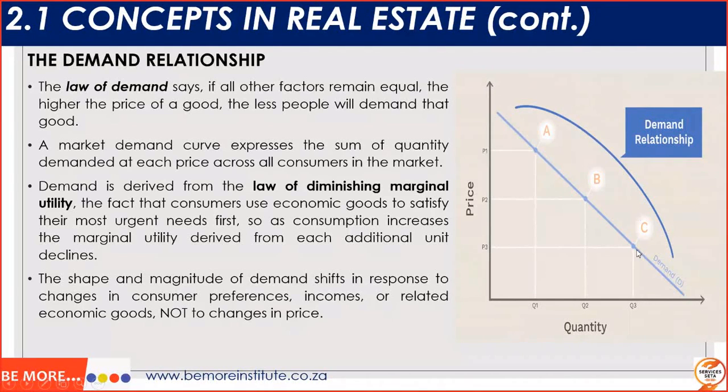The reason is that demand is derived from the law of diminishing marginal utility, the fact that consumers use economic goods to satisfy their most urgent needs first. So as consumption increases, the marginal utility derived from each additional unit declines.